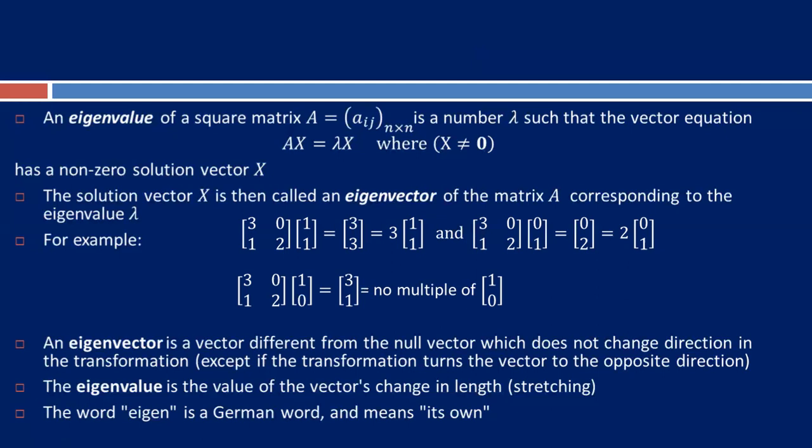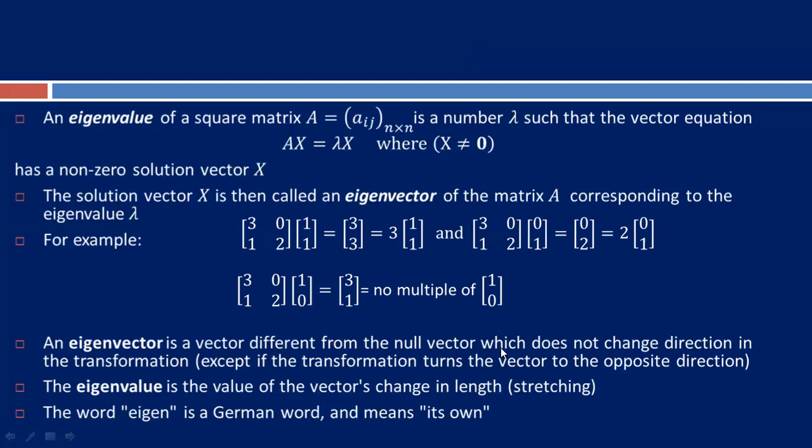It totally depends upon our choice of x, so for this x we have no eigenvalue. Here you should analyze one thing: our matrix remains the same, but by changing x our eigenvalue changes, and in some cases there is no multiple and no eigenvalue. So an eigenvector is a vector different from the null vector.